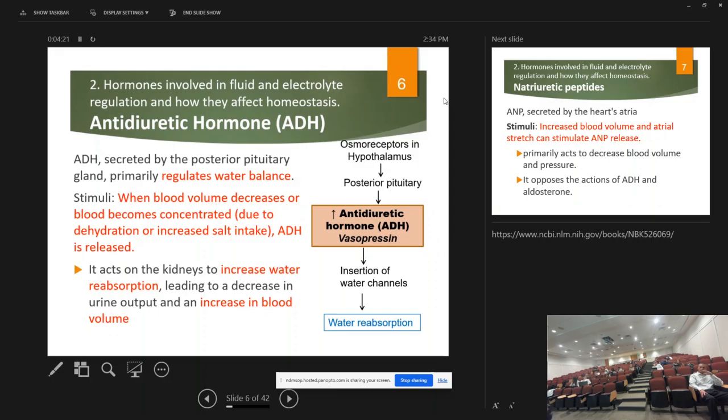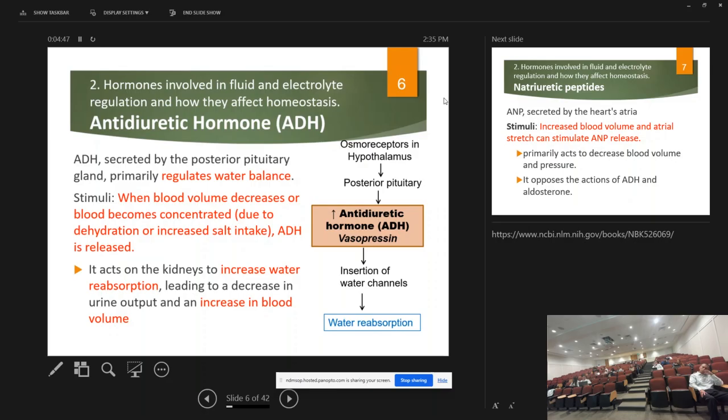They are the same, antidiuretic hormone and vasopressin. How are they released? The stimulus here is that blood volume has decreased, so the blood becomes concentrated due to dehydration. That's when this hormone is released. So they go hand in hand, aldosterone and antidiuretic hormone.